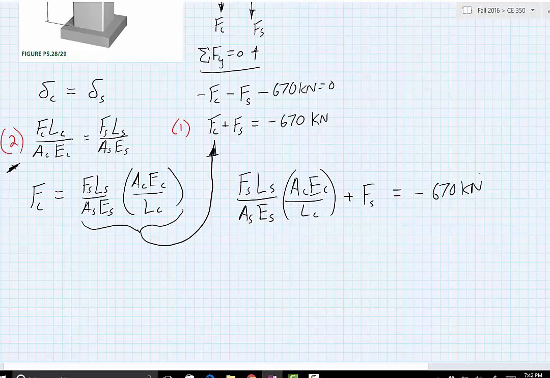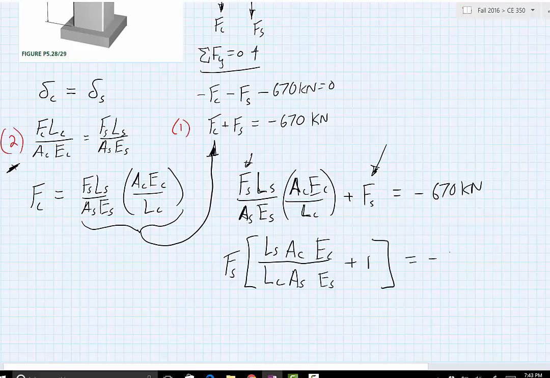Again, more algebra manipulation. We have F sub S here and here, so we're just going to factor it out. So F sub S multiplied by, and I'm going to rearrange the variables, L over L, A over A, and E over E. So L sub S over L sub C, A sub C over A sub S, E sub C over E sub S, plus 1 equals negative 670 kilonewtons.